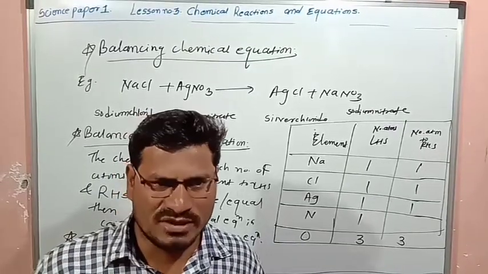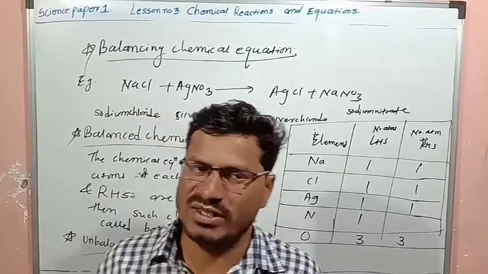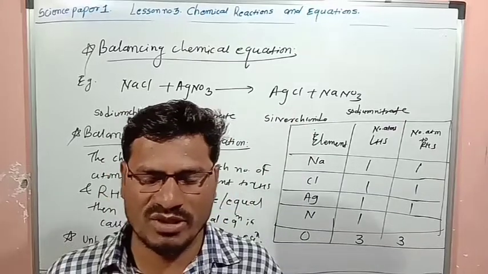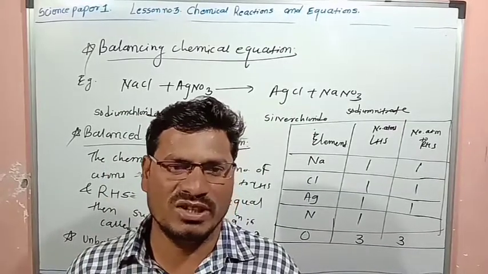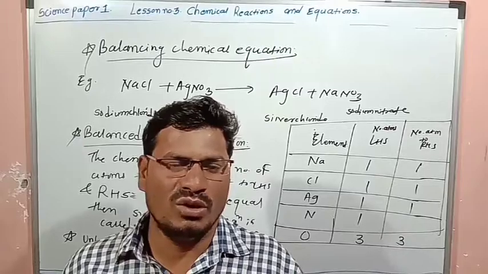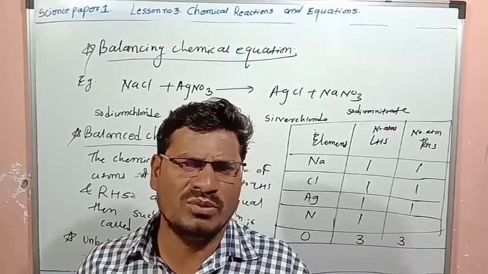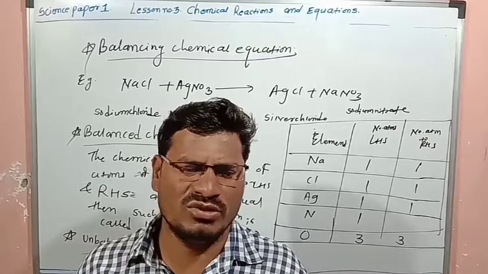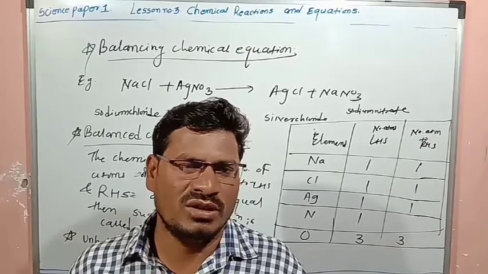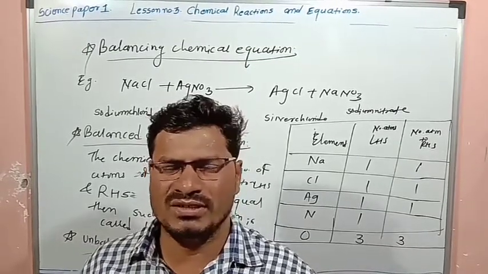Always remember one thing, it is given in the textbook. We have done the law of conservation of mass. What is the law of conservation of mass? Number of atoms to the LHS and RHS are same.